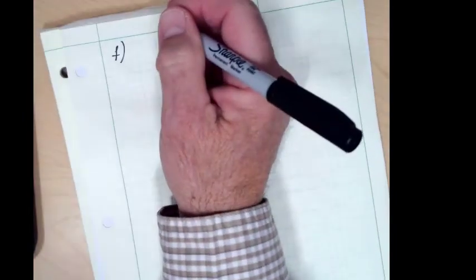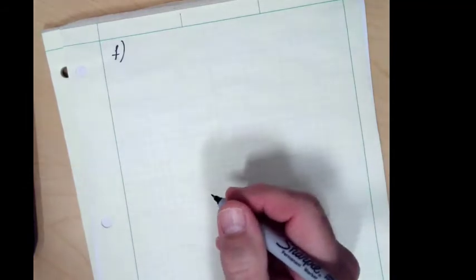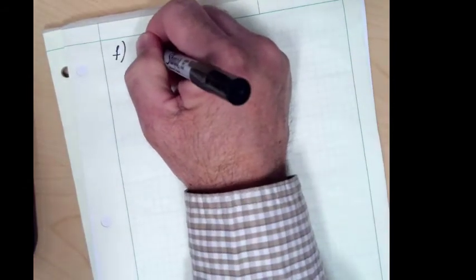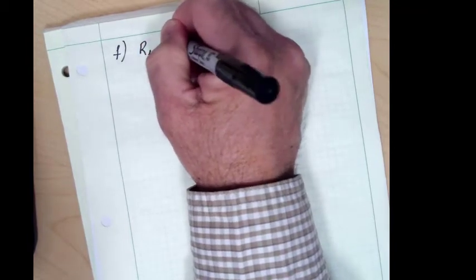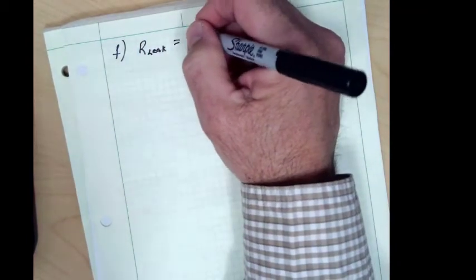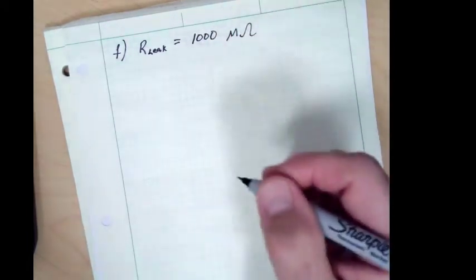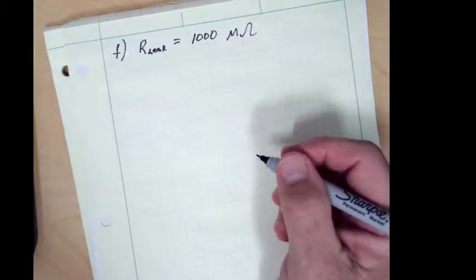Part F for the equation. The author says, if the leakage resistance is equal to 1,000 megohms, what in the world is leakage resistance?